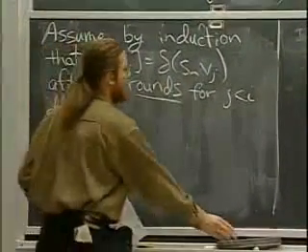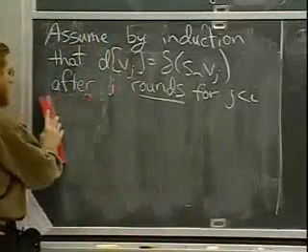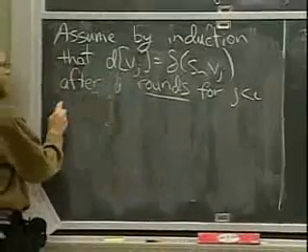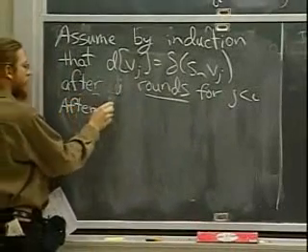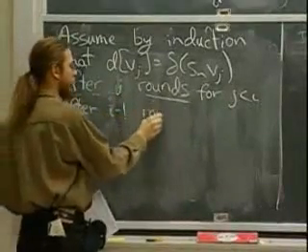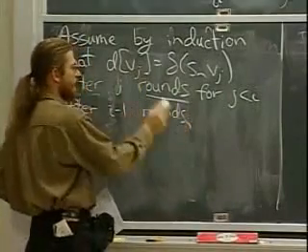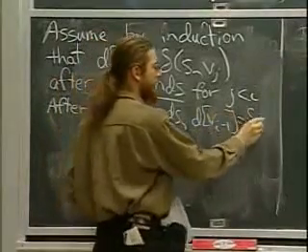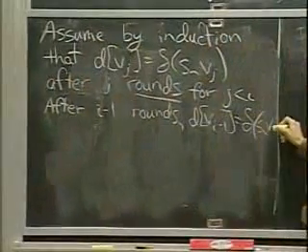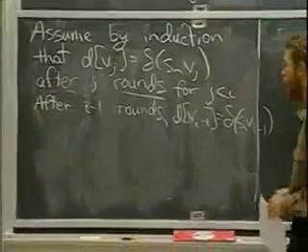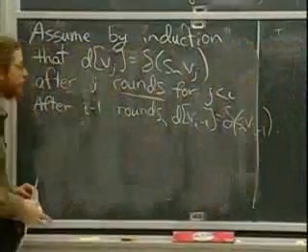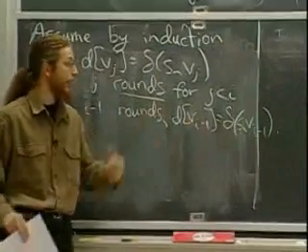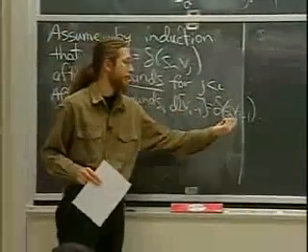Well, let's think about what's going on here. We know that, let's say after i minus 1 rounds, we have this inductive hypothesis, d of Vi minus 1 equals delta of S, Vi minus 1. And we want to conclude that after i rounds, so we have one more round to do this, we want to conclude that d of Vi has the right answer, delta of S comma Vi.